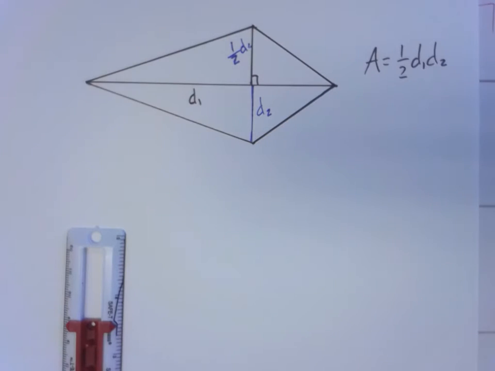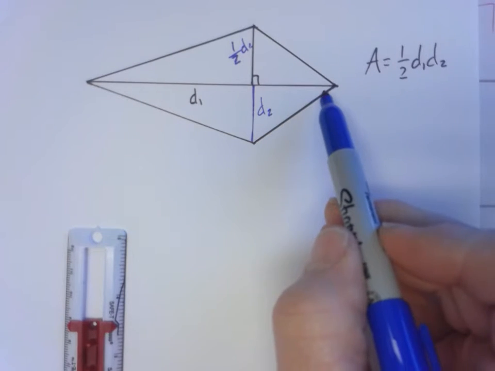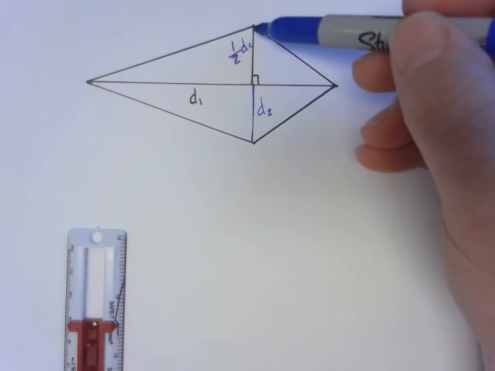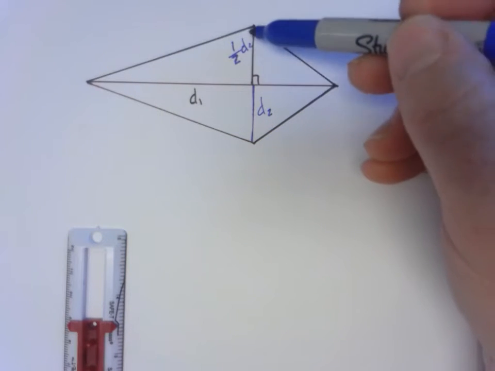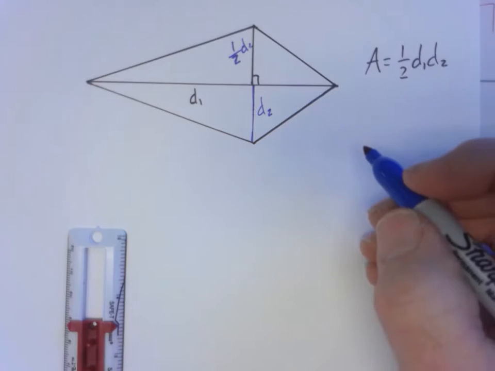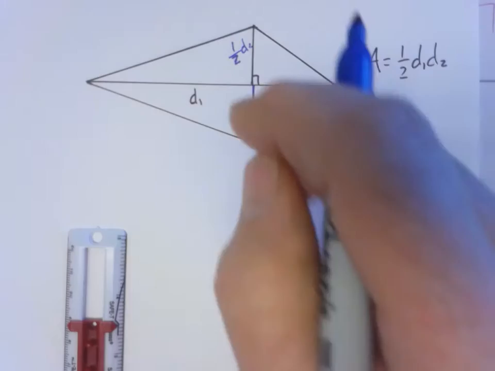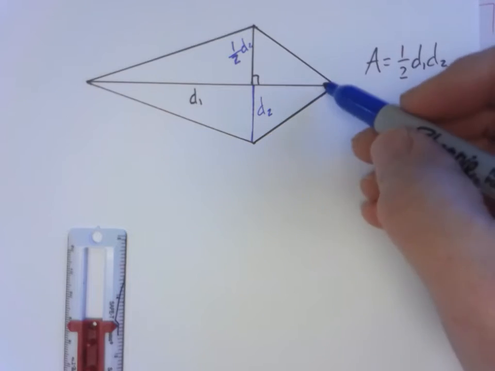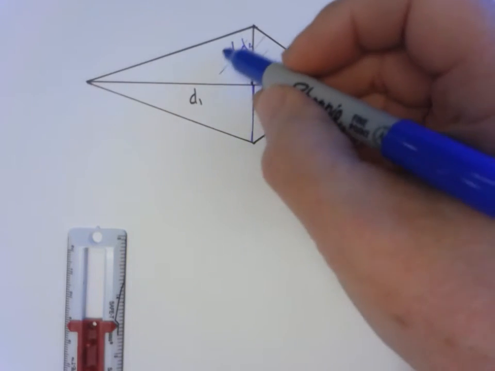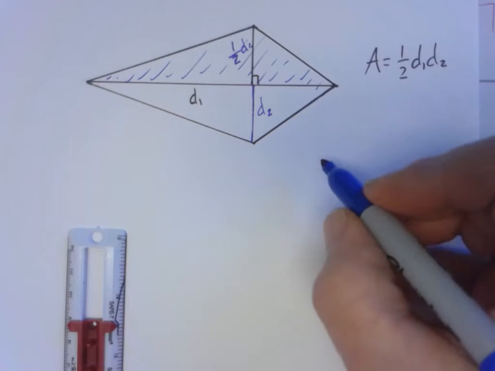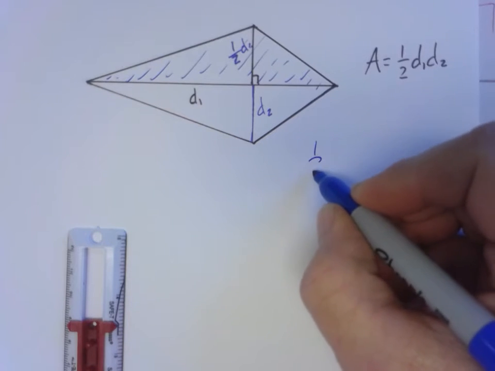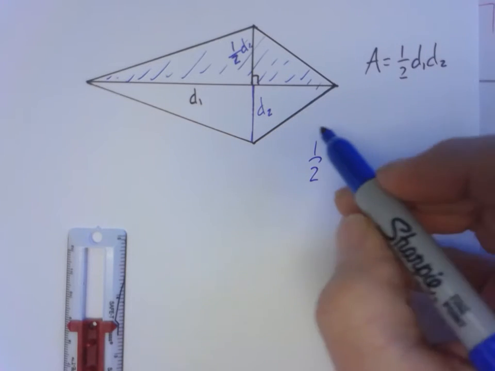So I know the length of the base is diameter 1, and I know that the height is 1/2 of diameter 2. And so I guess the area of just the top part of our triangle, just this section up here, okay, would be half. Remember, area of a triangle is always half of the base.